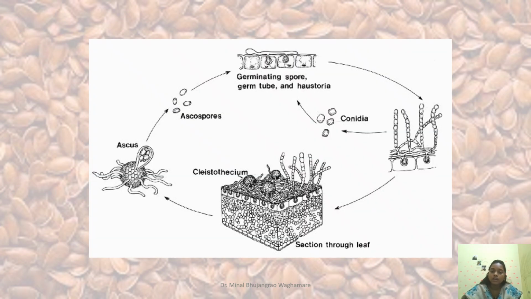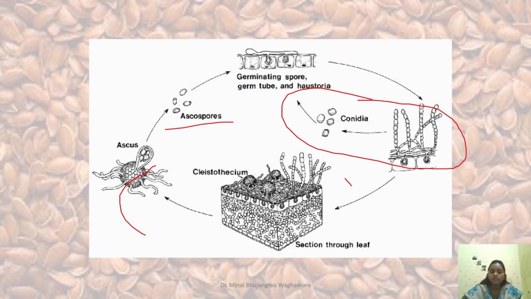Coming to the life cycle, basically two life cycles occur, the sexual life cycle and the asexual life cycle. The asexual life cycle continues by the conidiospores under unfavorable conditions. The sexual life cycle is continued by the ascospores, where female hypha and male hypha fuse together and lead to the formation of the fruiting structure, that is the cleistothecium, which is globose, rounded in shape and compact.